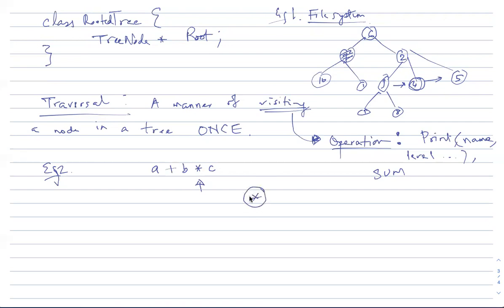So you can draw a node, and then here you're multiplying B and C. And whatever the result is, then you are performing the add operation with A. So this kind of tree could be an expression tree, right?